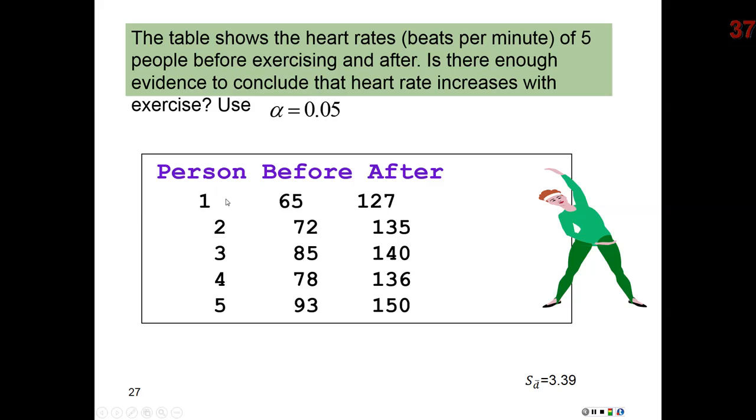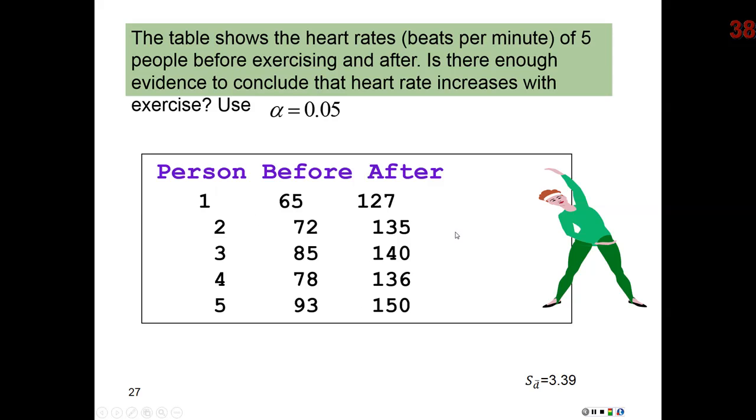So what we have is the 2 groups right here. When we do a dependent test, you're going to take the difference of the 2 numbers, so you're going to take before minus after. This is before, and this is after. So now you're going to take the differences between the 2.